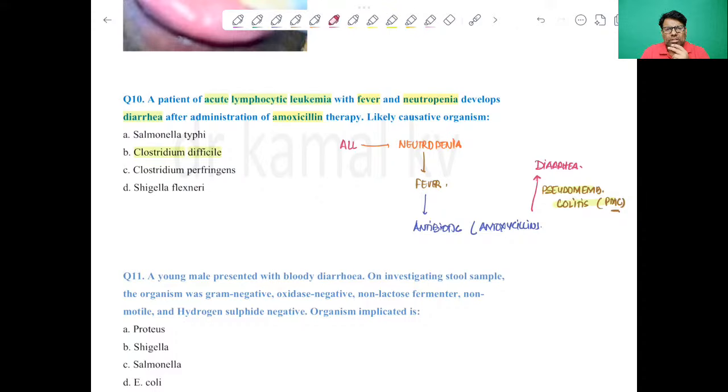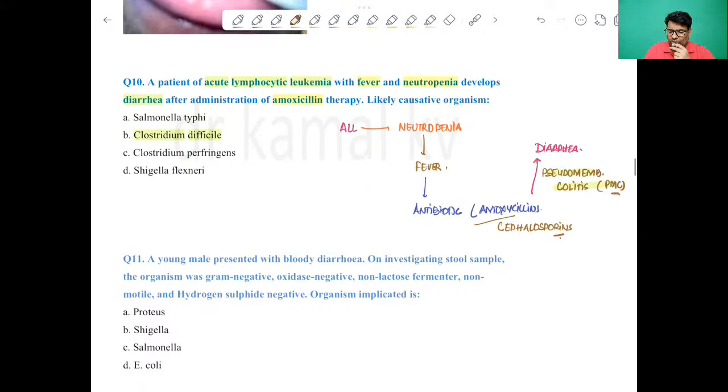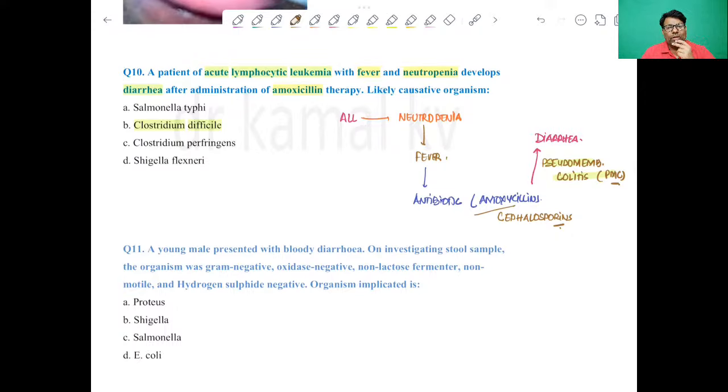Whenever an antibiotic therapy has been given for a long period of time, the patient can develop pseudomembranous colitis, which is caused by Clostridium difficile. Yes, amoxicillin is given here. Another agent can be third generation cephalosporins. Any of the two can cause pseudomembranous colitis, where the patient will present with diarrhea.